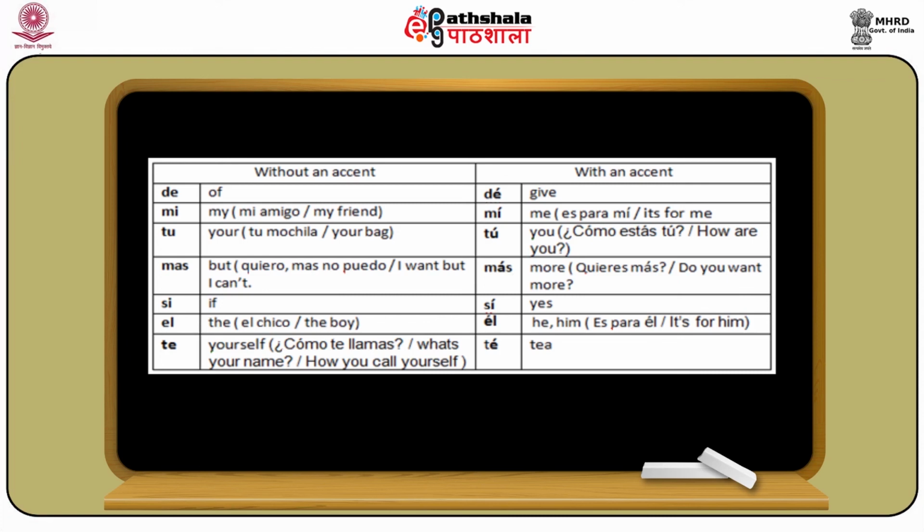Si without an accent means if, and sí with an accent means yes. El without an accent means the, and él with an accent means he or him. Same way, te without an accent means yourself or you, and té with an accent means tea.